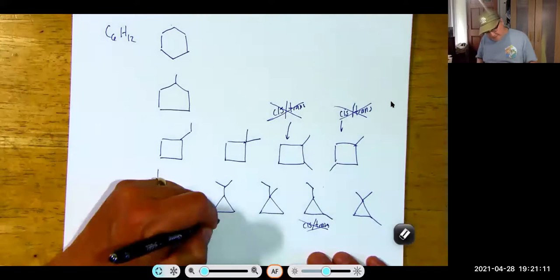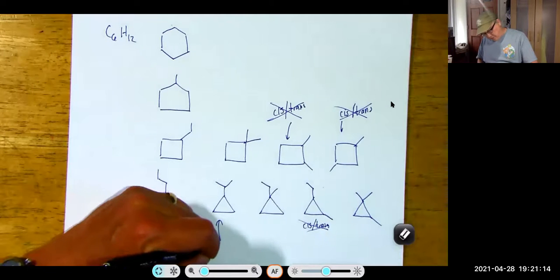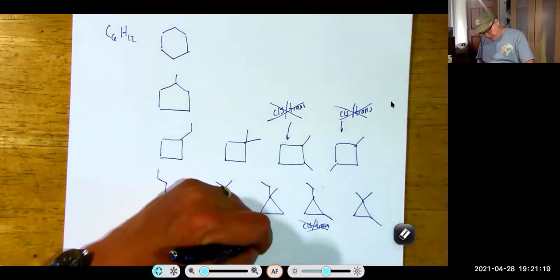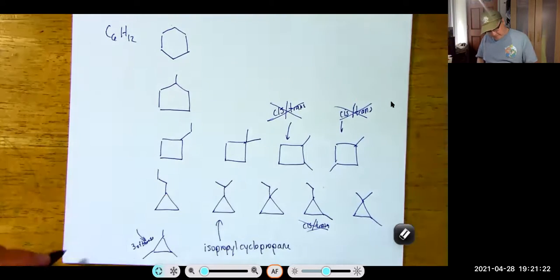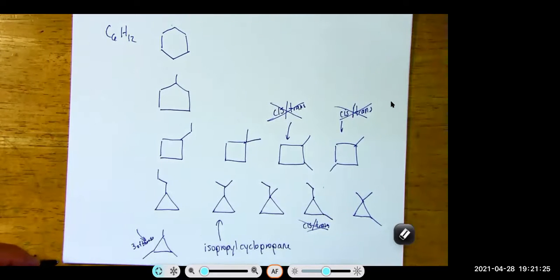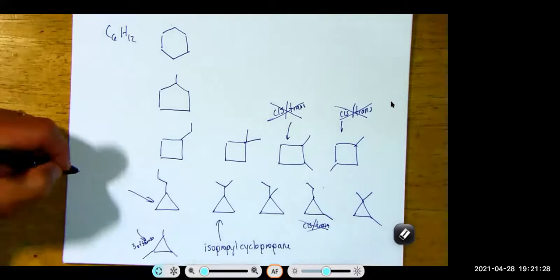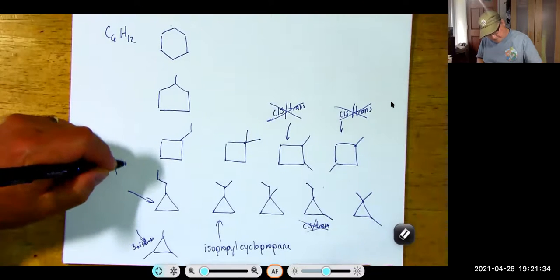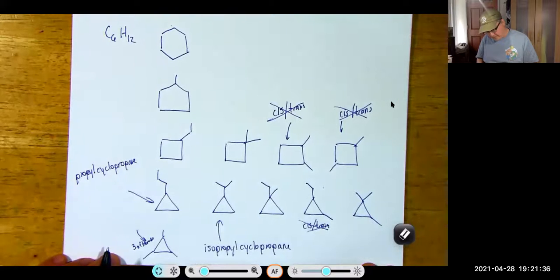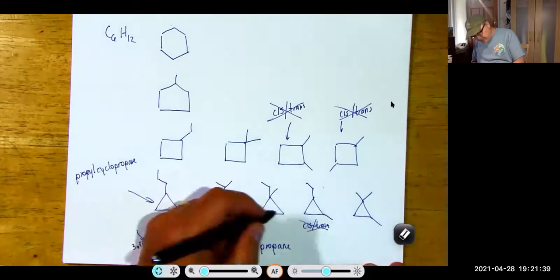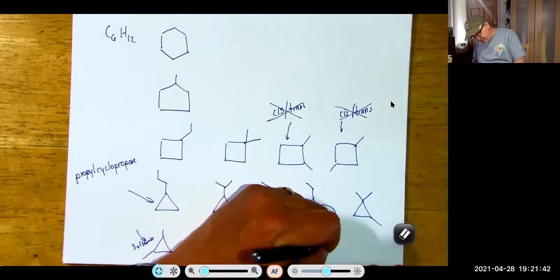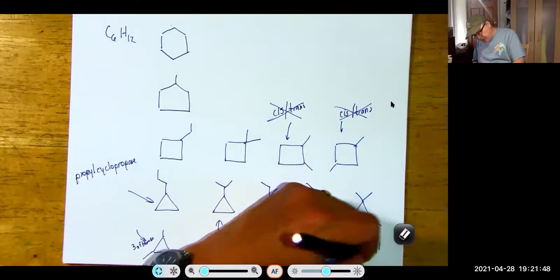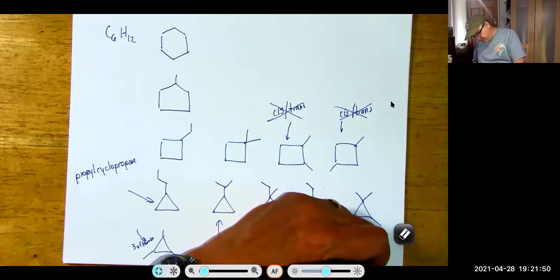What's the name of this one guy? Isopropyl cyclopropane. And the other one next to it, to the left, is that just the propyl cyclopropane? Propyl cyclopropane. This one here would be called 1-ethyl-2-methylcyclopropane.